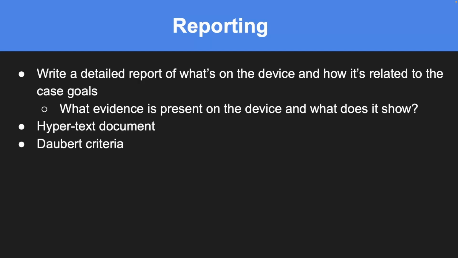Now, when it comes to legal proceedings, these Daubert standards serve as our gatekeepers for relevance and reliability of not only the process that we're doing, but ourselves, our testimony.